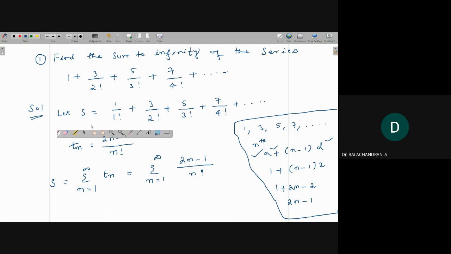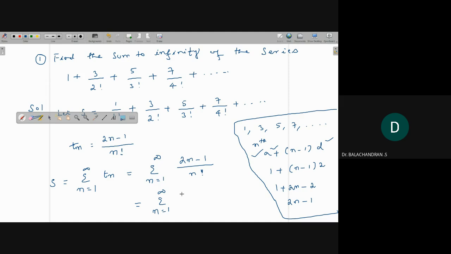So here I will split the function: summation n equal to 1 to infinity, 2n by n factorial minus 1 by n factorial. Anyway, here the numerator is in terms of denominator, because here n factorial, here I have n.